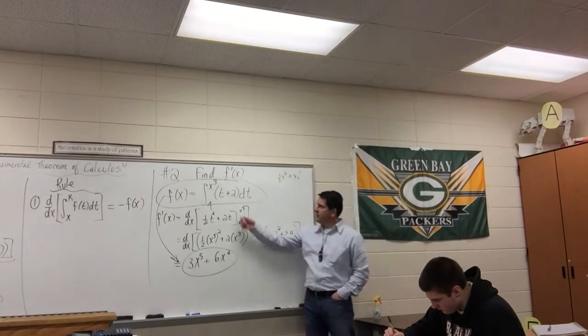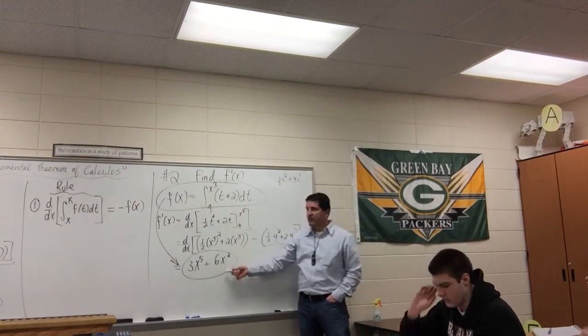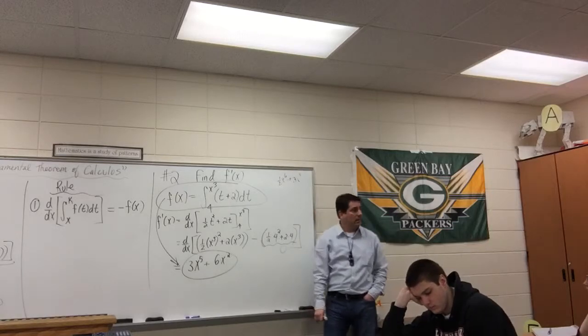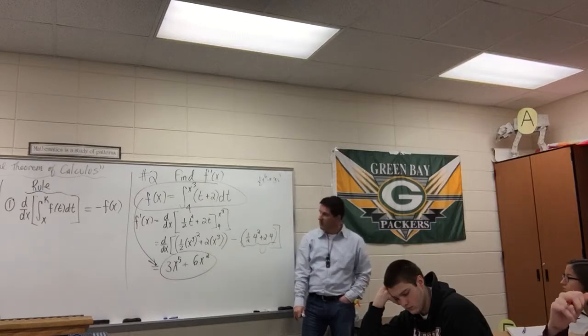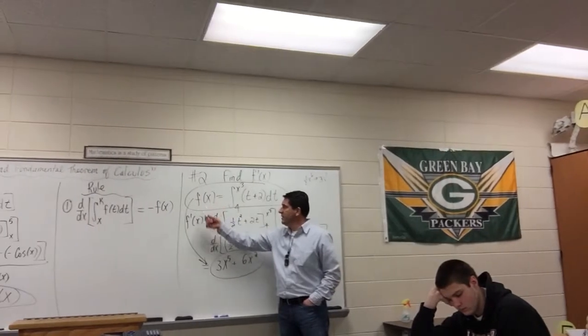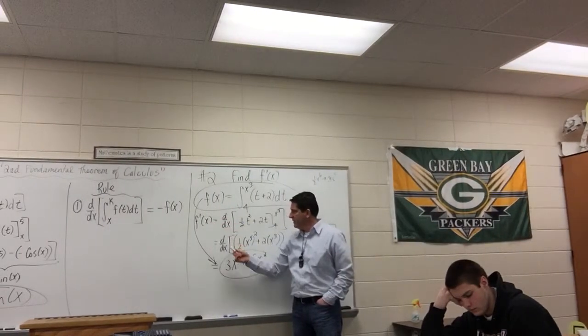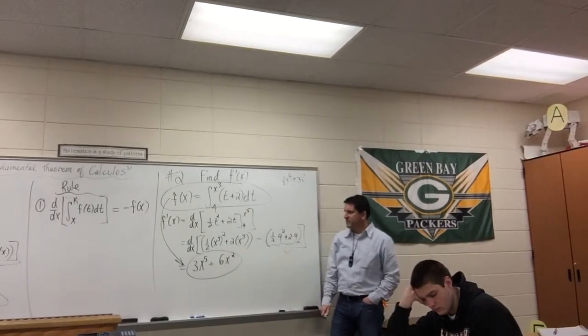I wonder if there's any other kind of correlation between this thing and what that answer is. Yep. Because f prime, this was the function, so therefore f prime equals 3x to the 5th plus 6x squared.